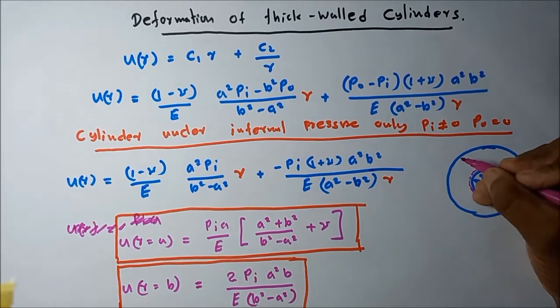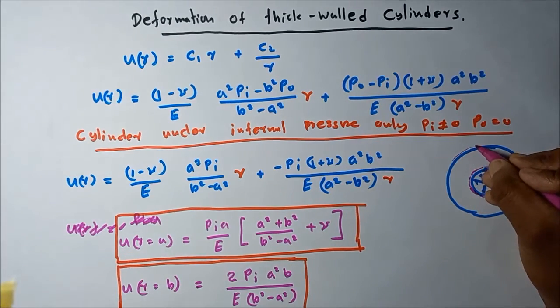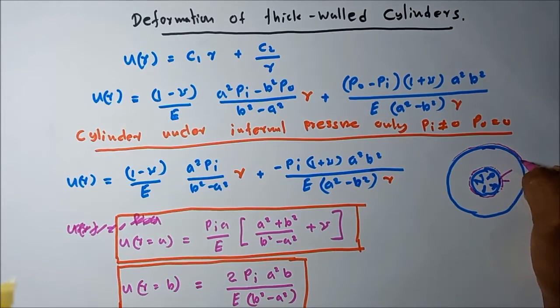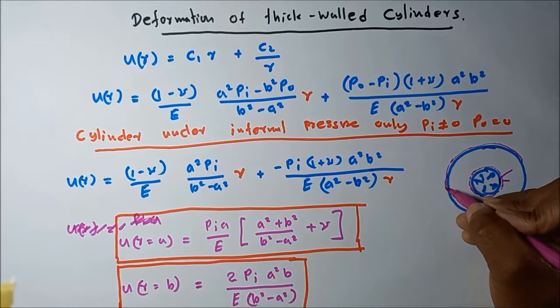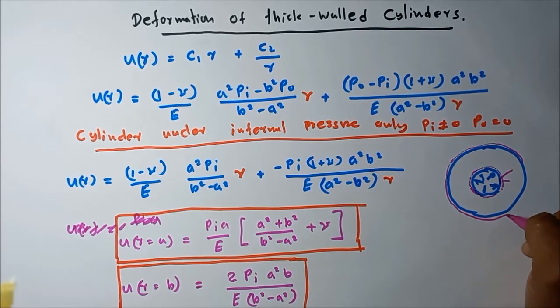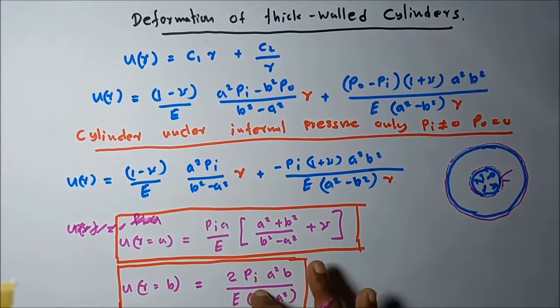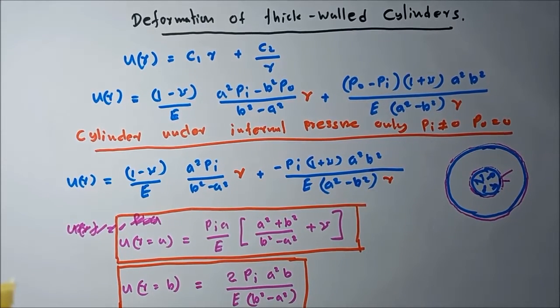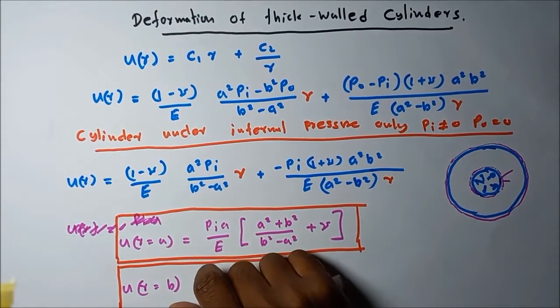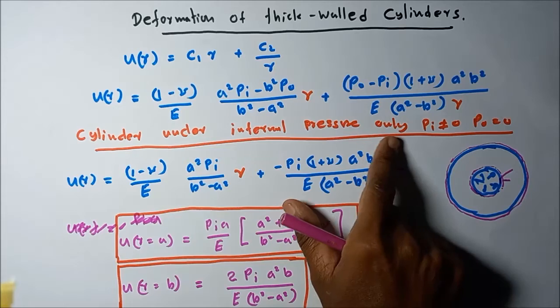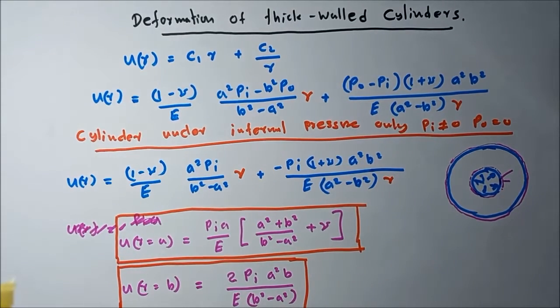That means this outer surface is also stretched radially outward because of the internal pressure. That is a very small amount in a real situation, which we can calculate using this equation.